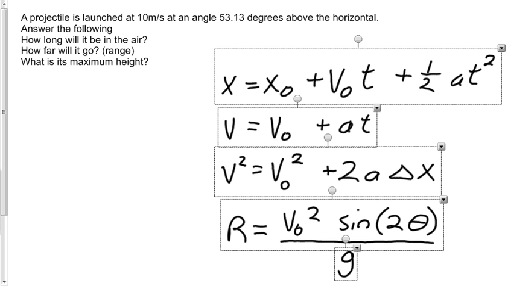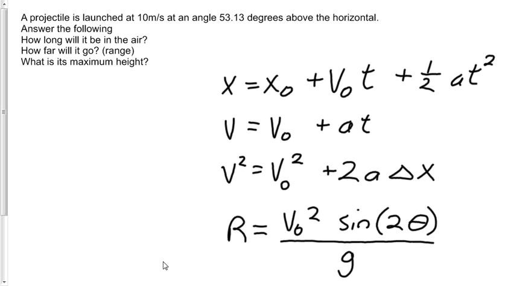Next, I would like to point out that we have these 4 equations. The top 3 are the kinematic equations. The bottom one here is known as the range equation. So we have the kinematic equation x equals x naught plus v naught t plus 1/2 a t squared. The x is the final position.